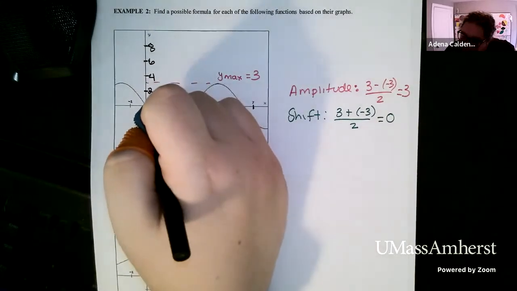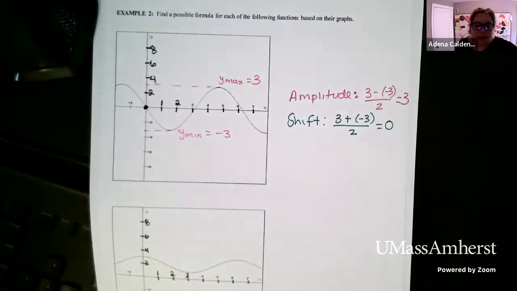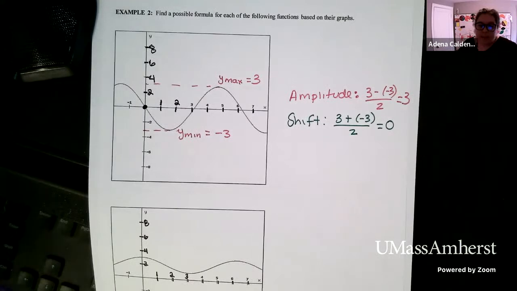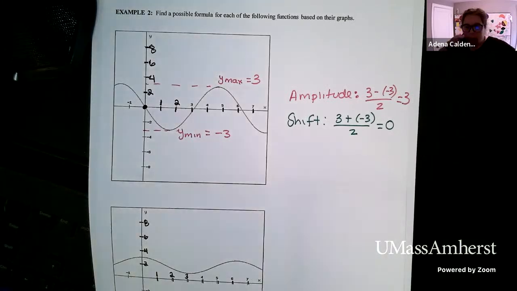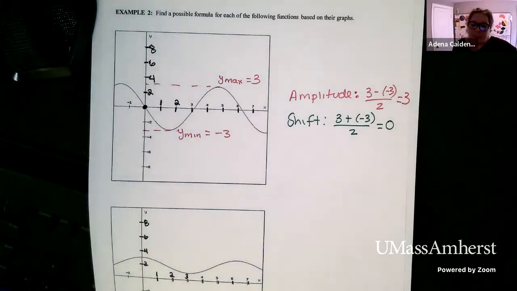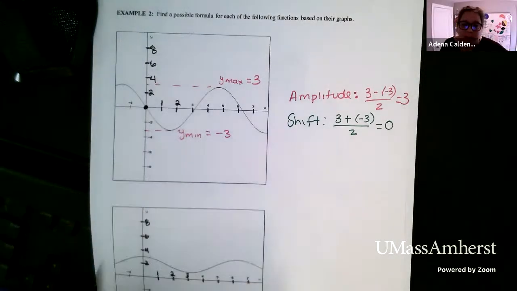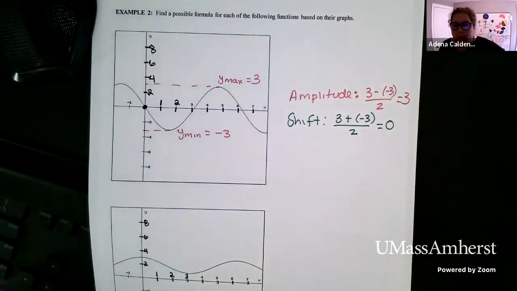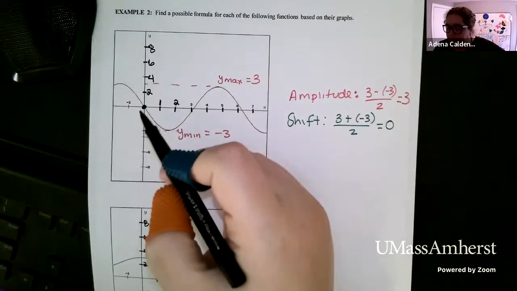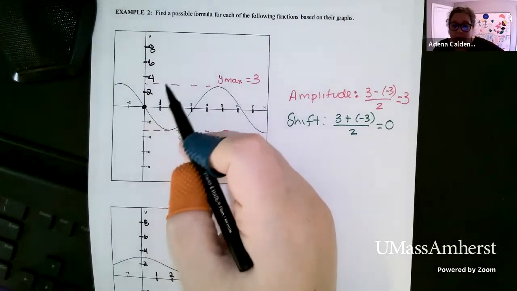Again, I like to go to where x equals 0 and see, is it at a maximum or minimum? If it's at a maximum or minimum, I'm thinking cosine. If it's at the midline, then I'm thinking sine. So here I notice it's not at a maximum or minimum, so I'm thinking sine. So once I'm thinking sine, if I'm increasing, I have positive sine.